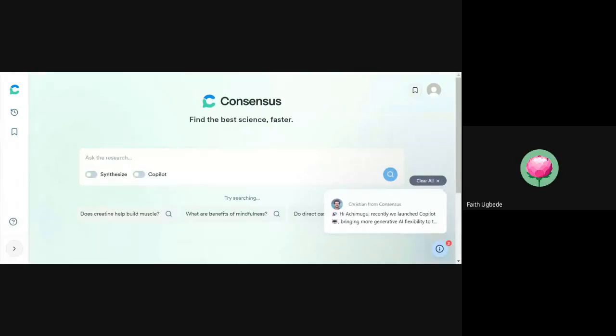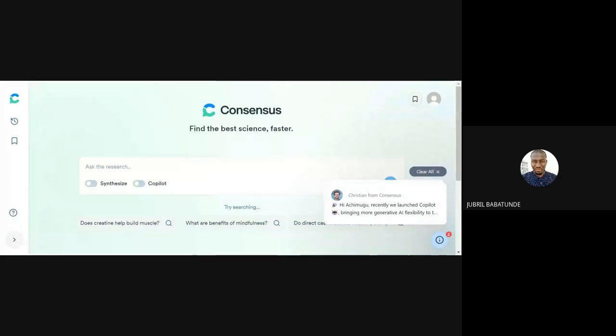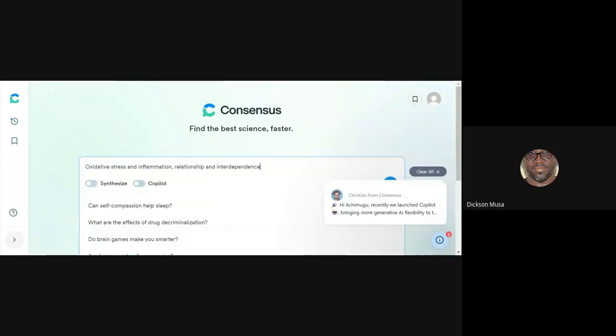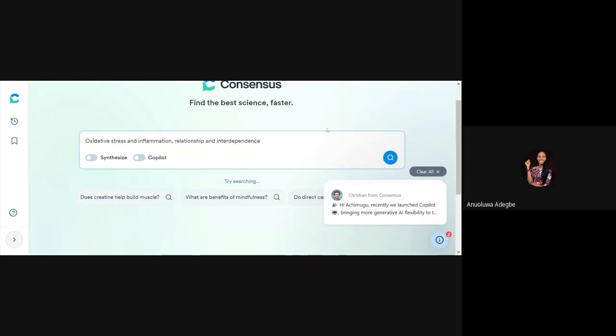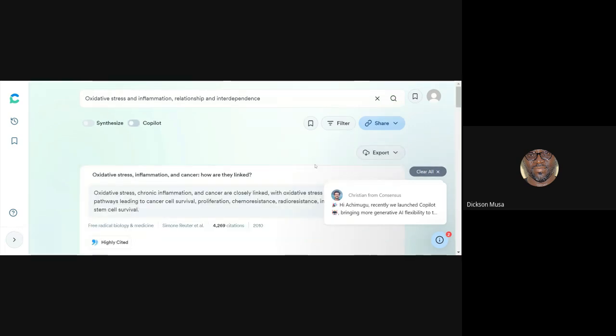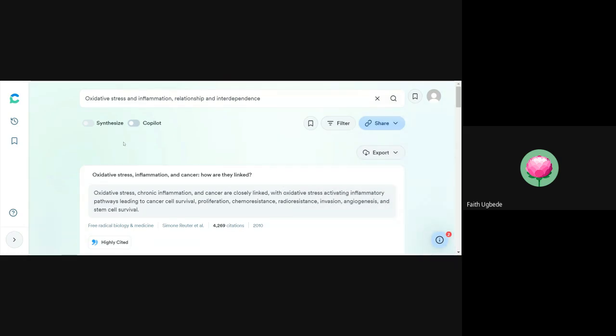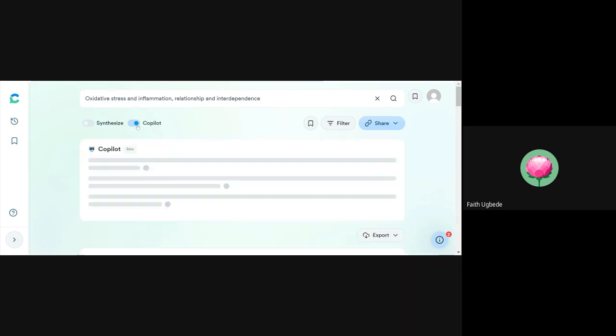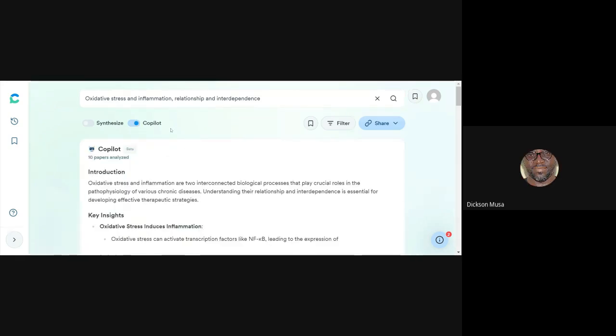Yes, sir. Let me place one of them, oxidative stress and inflammation, relationship and interdependence. The same thing we did, we place it here. I click search. I can tell it to use Copilot here.